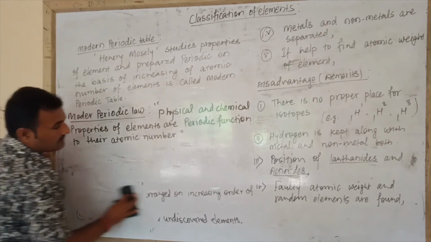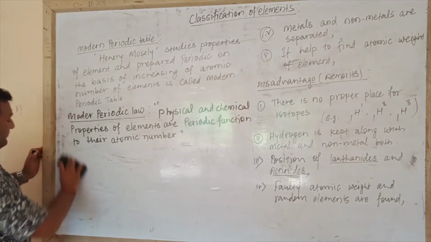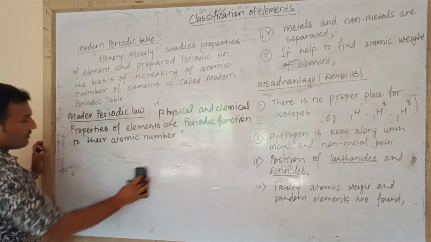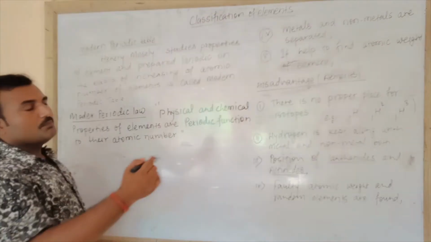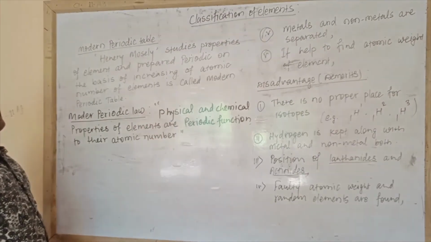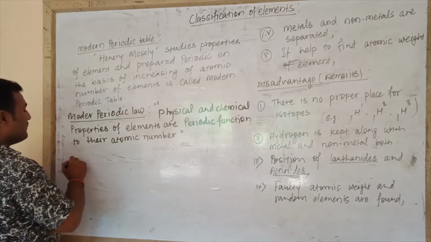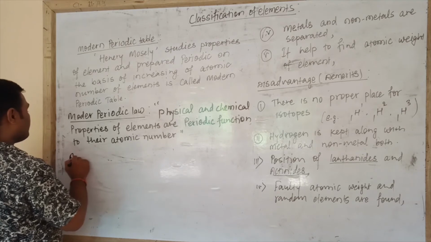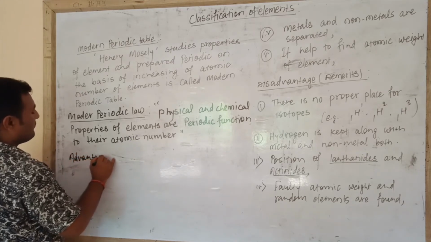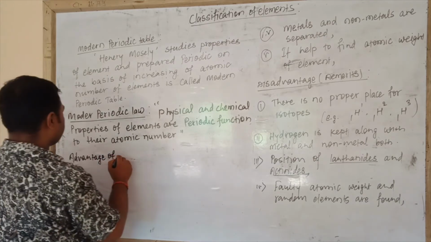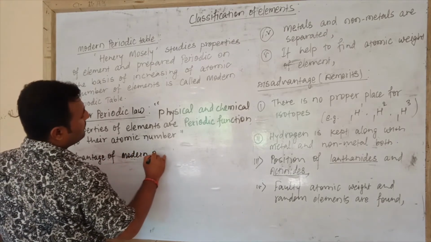And the modern periodic table modified or removed the defects of the Mendeleev periodic table, which are known as the advantages of the modern periodic table.